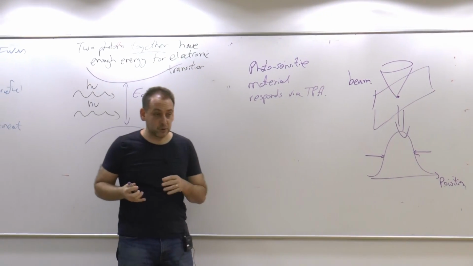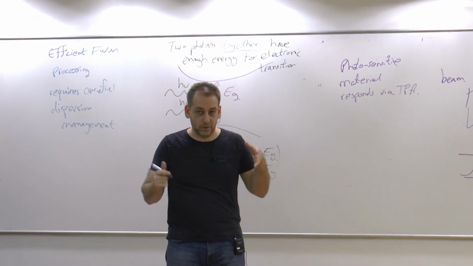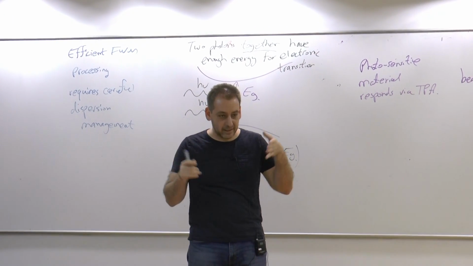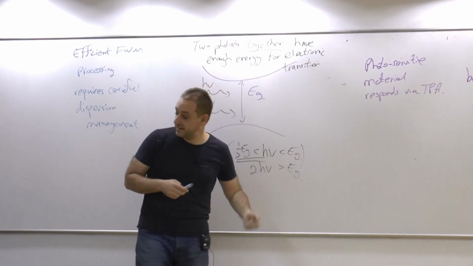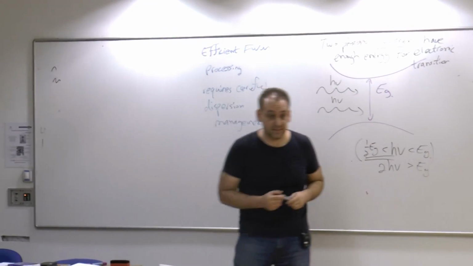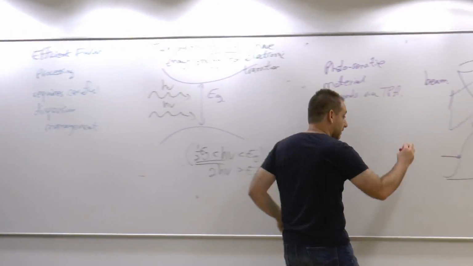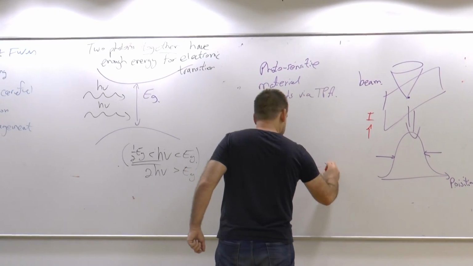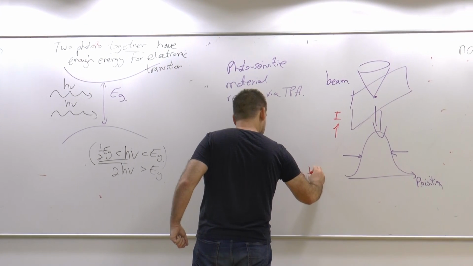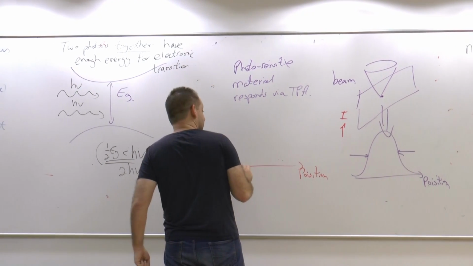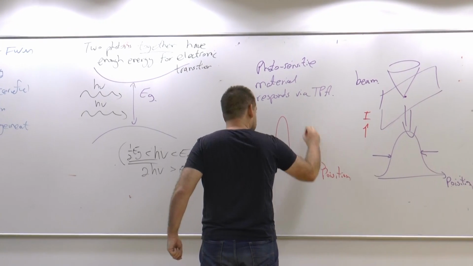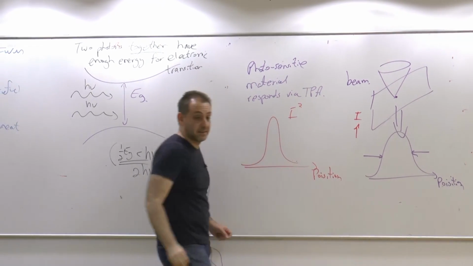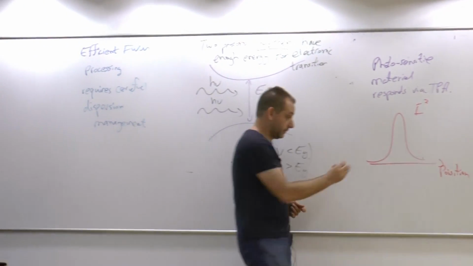So single photons do not make any difference, and only when we have nonlinear absorption then the chemical changes in the material take place. So if I draw I here, now the response of a material like this would be something that looks like I squared. And this is much narrower, right?